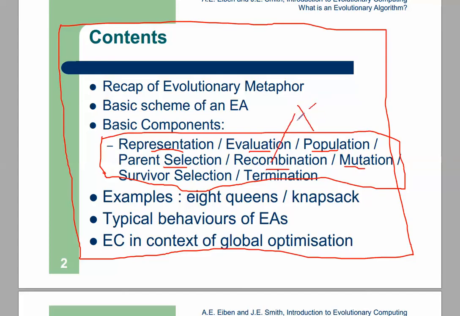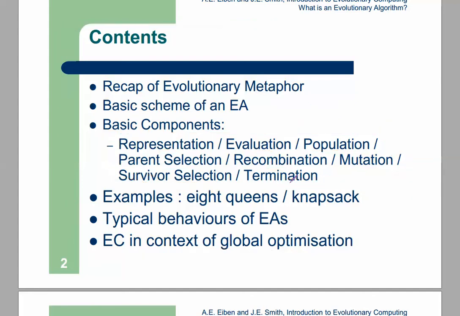Recombination is a crossover, we referred to in the previous section. Recombination is called crossover. Survivor selection and termination. These parts you should keep in your mind.